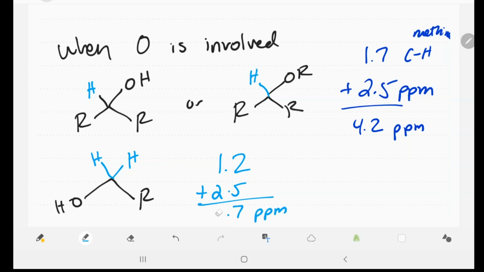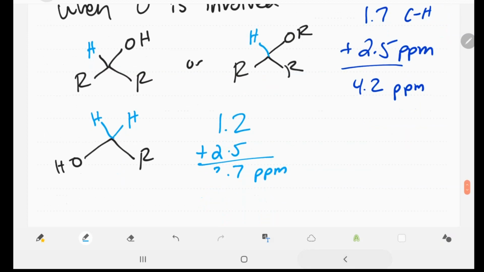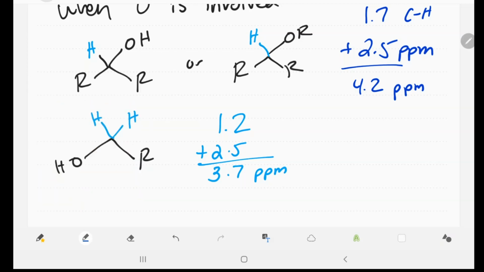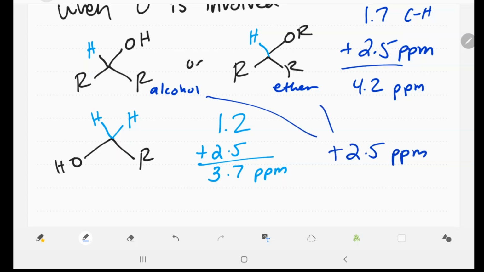So already we can see some difference in just the types of hydrogen that are on there. So an alcohol or an ether on the same carbon will give you an addition of 2.5 ppm. That's what we're looking at.